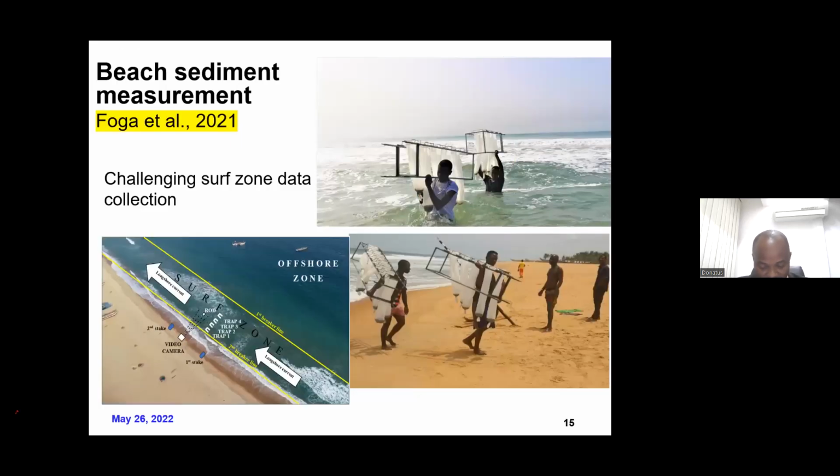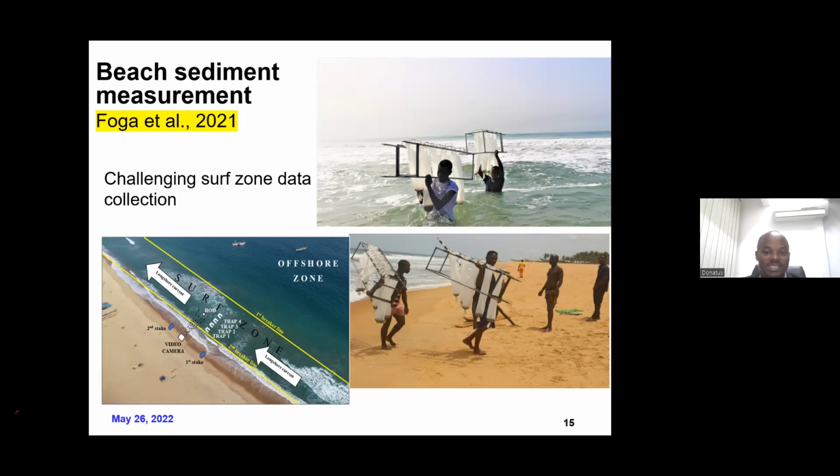Next slide, please. So, from the research that has been done and reported, we are aware that most of our beaches are now eroding. That means there is sediment loss. And it means we need to be able to tell the rate at which sediments are being transported, and the quantities of sediment we are having at our coast.